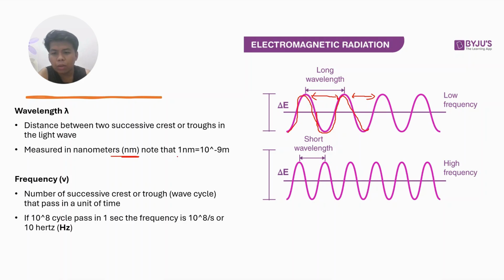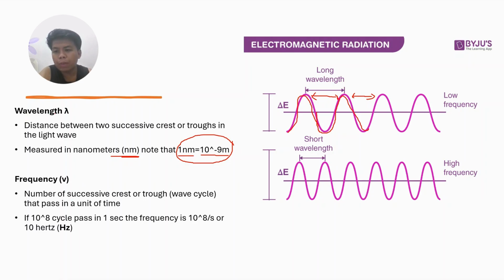Please take note of the conversion factor that 1 nanometer is equal to 10 raised to the power of negative 9 meters. This is very important when we compute for energy, wavelength, or frequency. Take note of this conversion later on.